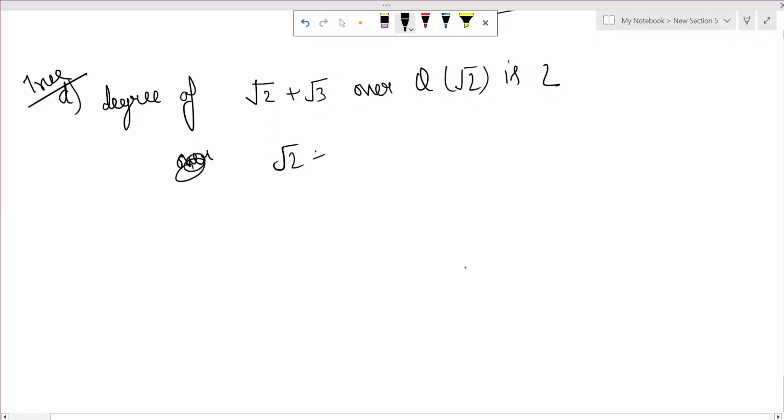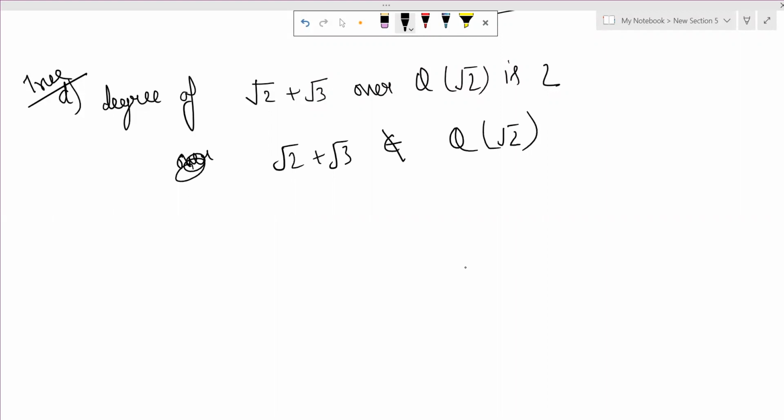Root 2 plus root 3 does not belong to Q root 2, so degree 1 is not possible. Why does it not belong to Q root 2? If it belonged to Q root 2, then root 3 would belong to Q root 2, which is not possible. So degree 1 is not possible.